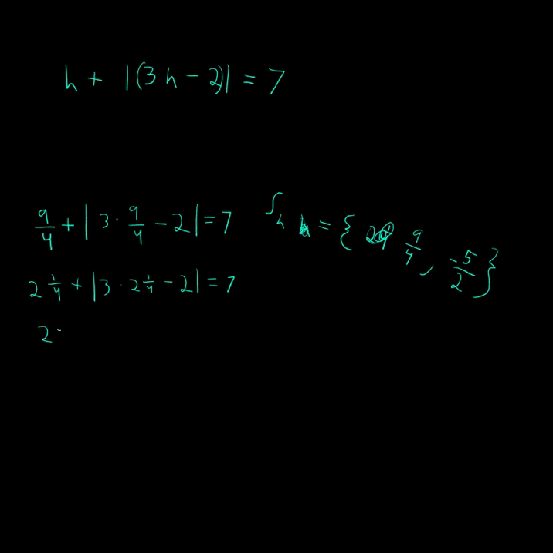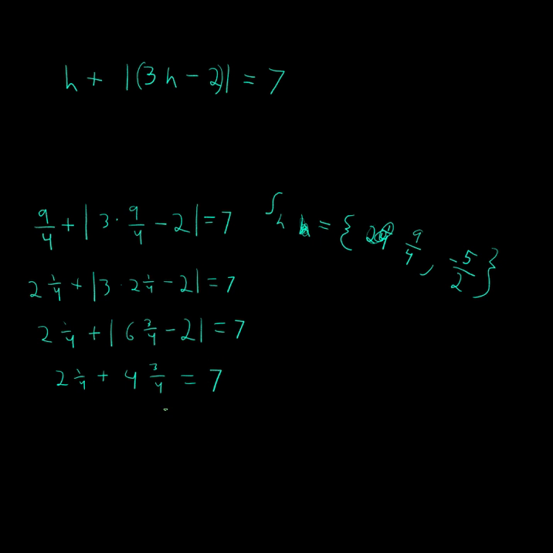So 2 1/4 plus, so that'd be 6 and 3/4, because we had to multiply 3 by both of those, minus 2 equals 7. 2 1/4 plus, so this would be 4 3/4 equals, oh joy, 7. Good.